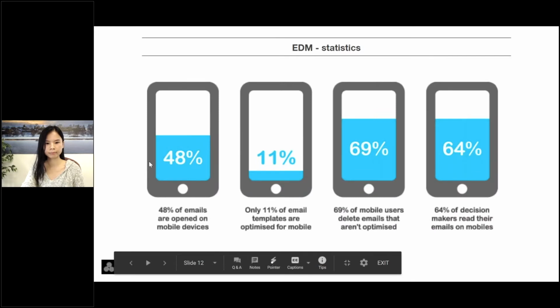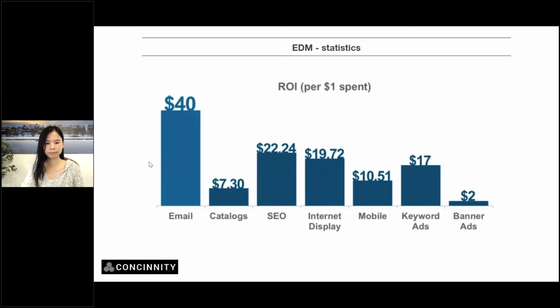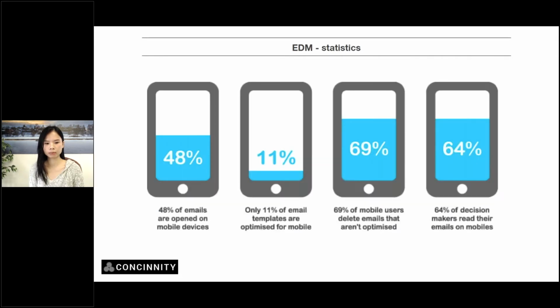Now another stat, and again, we're going through these stats to get people who've not heard about email marketing on level with the rest of the crowd. Okay. So when we talk about EDM statistics further, mobile plays a huge role, especially over the last few months, where 48% of the emails were opened on mobile devices, and 11% of the email templates are optimized for mobile.